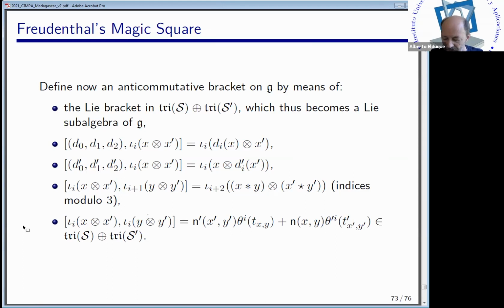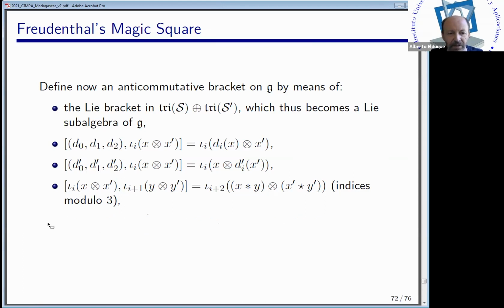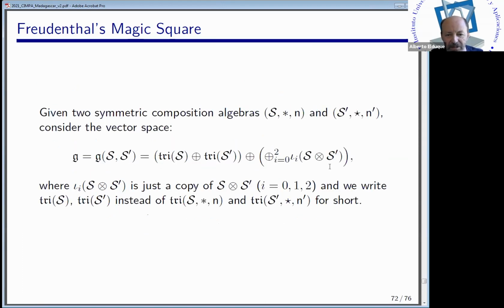Okay, so we have a vector space defined in terms of two symmetric composition algebras, considering 3 copies of the tensor product plus the corresponding triality algebras.